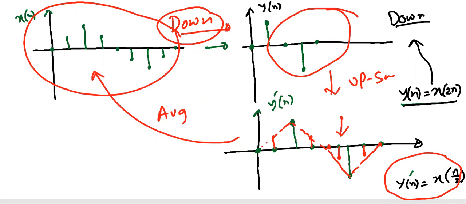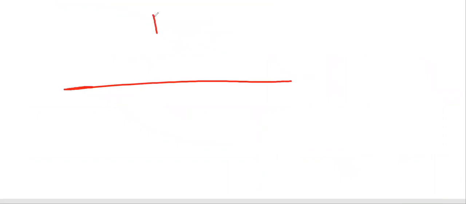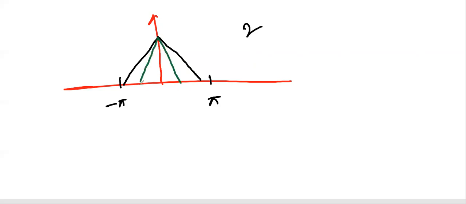In the frequency domain representation, from minus pi to pi, if the original signal, I'm talking about x[n], is like this, and you upsample it by 2, then the spectrum will be squeezed. That means the frequency will be downgraded. Though it is called upsampling, the sampling is higher but the frequency will be lower.